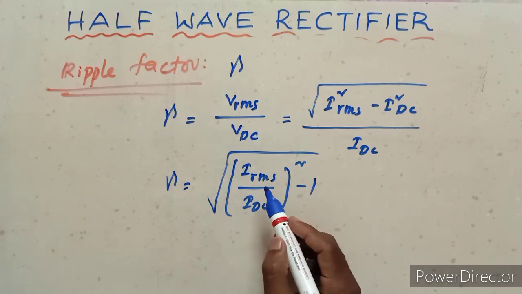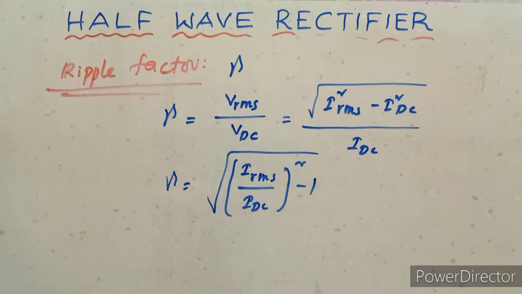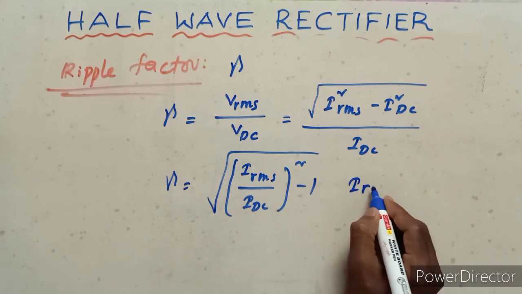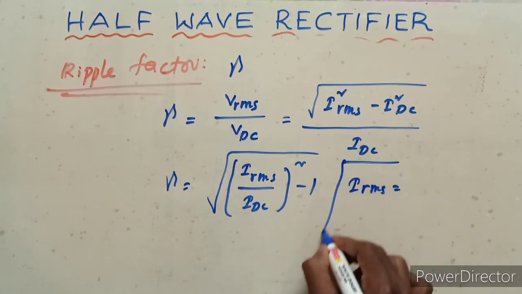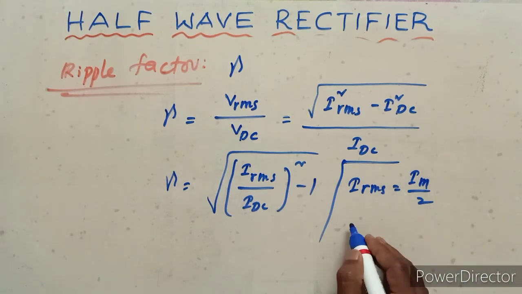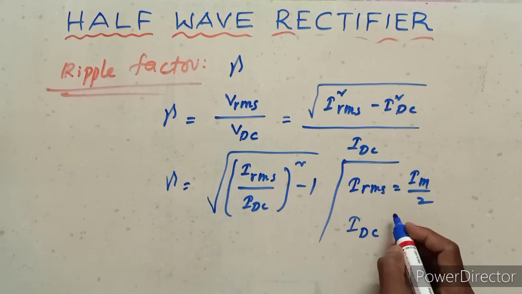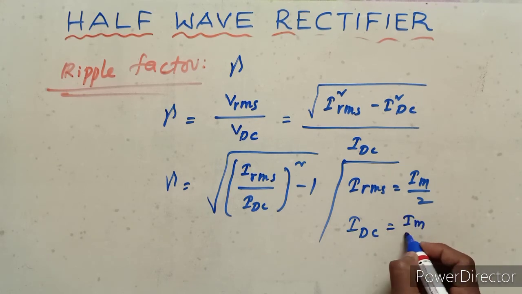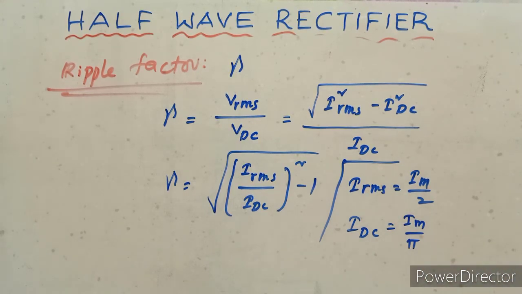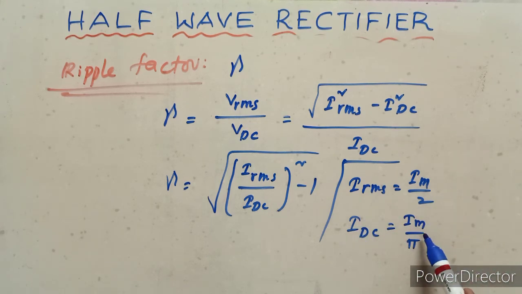But we know that the RMS current is the maximum current upon 2, and the DC current is IM upon pi. Already we know that IRMS equals IM upon 2, IDC equals IM upon pi.